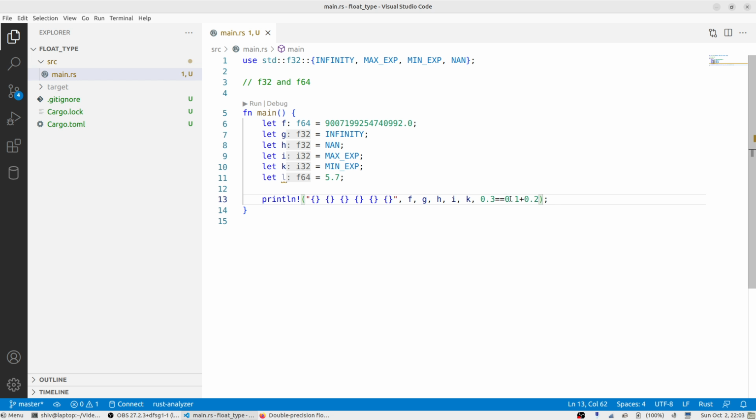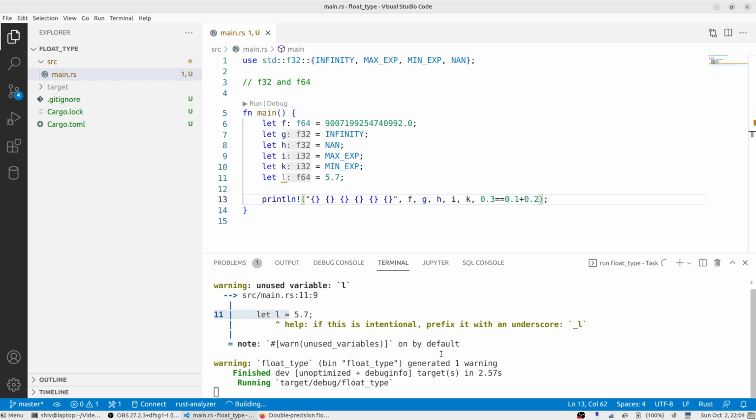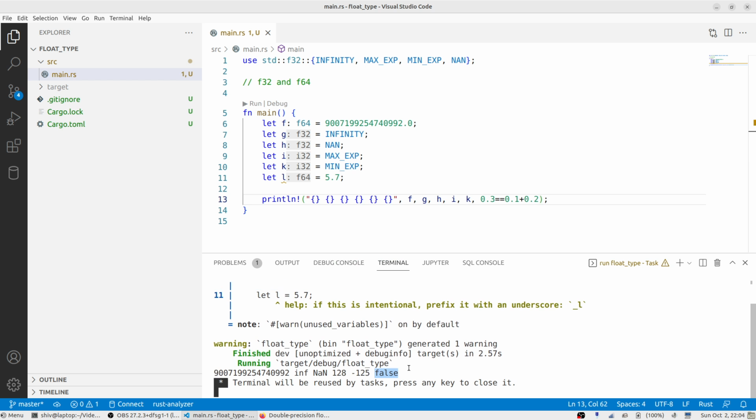So this should print false. This is the equality operator. Let's see this in action. So it says false, you see.